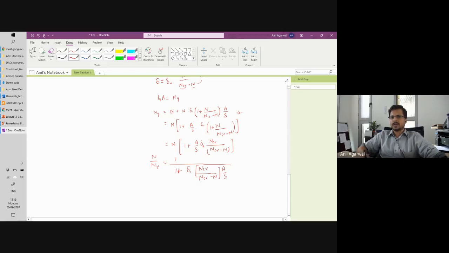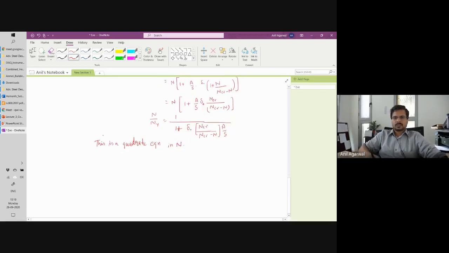When you multiply with n all over, you can get rid of n from the denominator, but you will have terms of n squared. So this is a quadratic equation, and we can solve for it as such. The intermediate steps are given in the lecture notes; I'm just running to the solution directly.